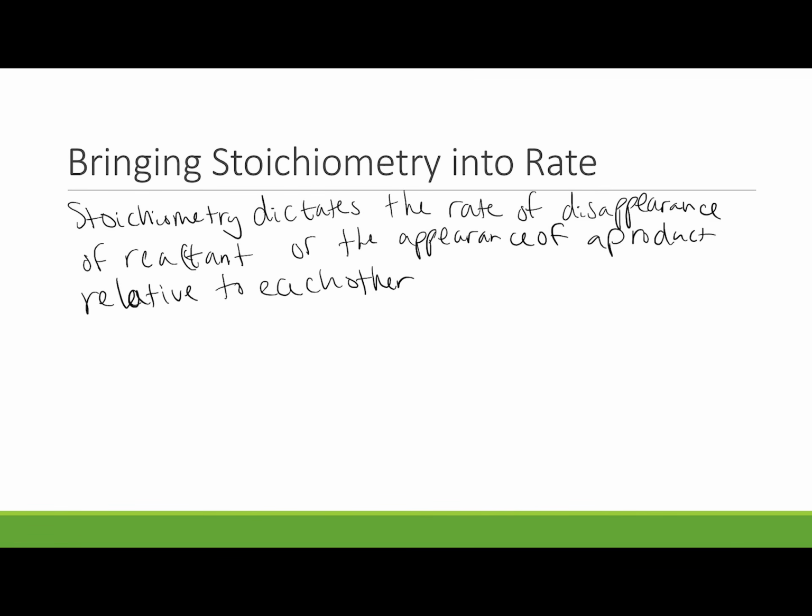So if we have aA plus bB going to cC plus dD, in this reaction we need to take into account stoichiometry when we're relating the rate of appearance or disappearance of a substance.